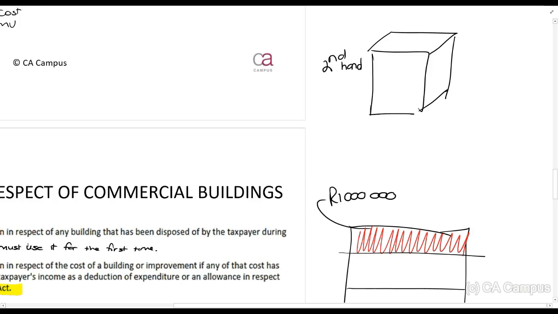No, you can't. But now, before you buy it, the seller improves the building. And what the seller does is he says, okay, I'm selling this building to you. The price is, let's say 10 million rands. And basically that is broken down as follows.